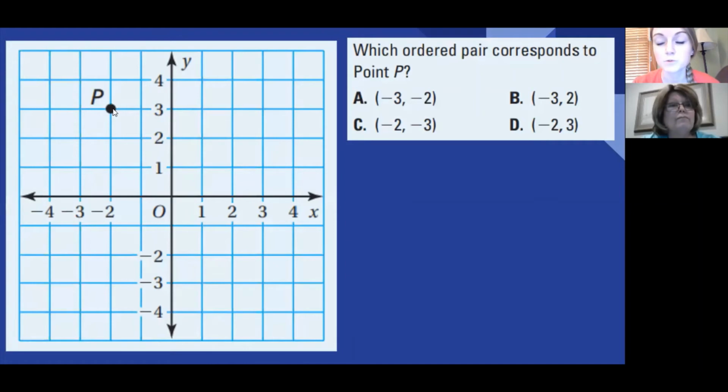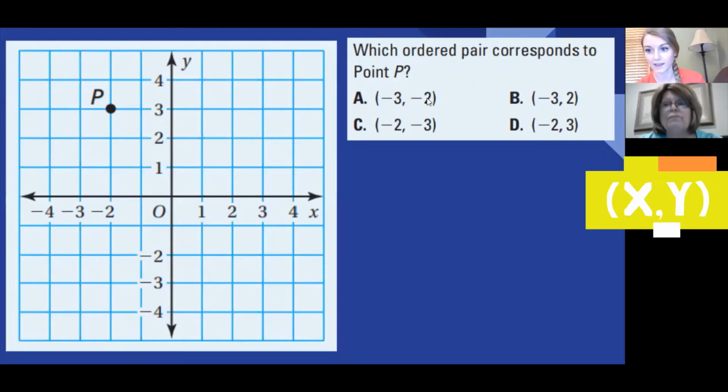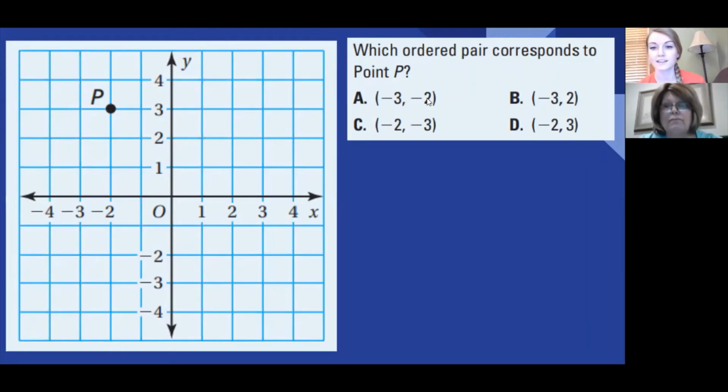If you guys remember, an ordered pair, I didn't put one on here because I thought you might remember it since we've done it quite a bit, is two numbers in a set of parentheses. The first one is always X and the second one is always Y. So when we're looking at this, for example, A asks if we're at -3, -2.